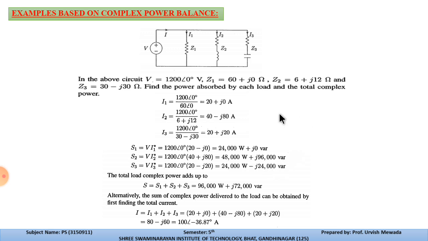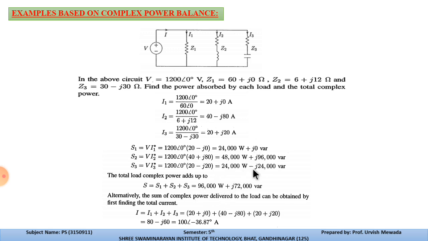Now we can take the average total of all three branches, so S1 plus S2 plus S3 will be the total complex power. So S is equal to S1 plus S2 plus S3, so 24,000 plus 48,000 plus 24,000, that will become 96,000 W, active power.